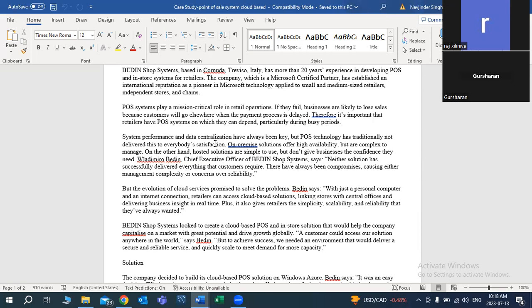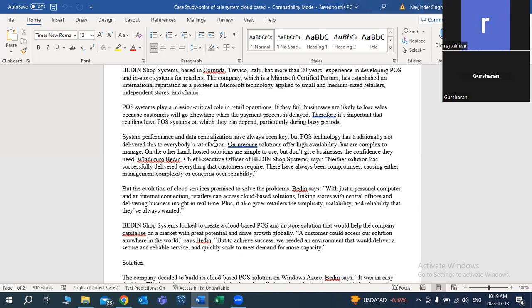System performance and data centralization have always been key. Okay, these two things, system performance and data centralization. It was stated there as follows: system performance and data centralization have always been key, but POS technology has traditionally not delivered this to everybody's satisfaction. What is it saying?